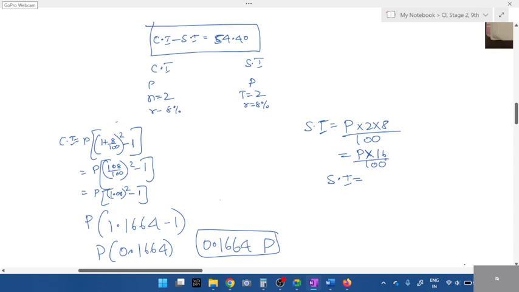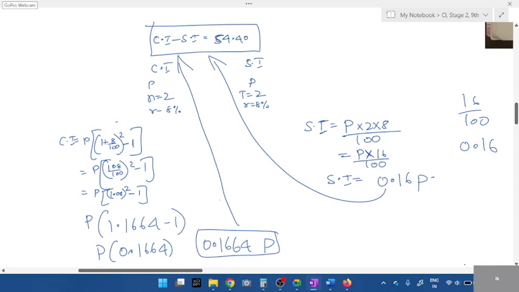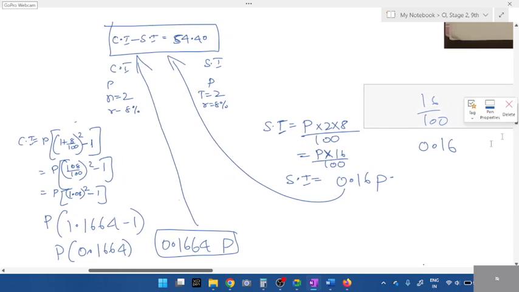For simple interest, what is 16 divided by 100? So can I write 0.16p? Okay, these are the two values, students. Just quickly go through this. Now let us substitute here. Understood? Understood the concept, how to solve?